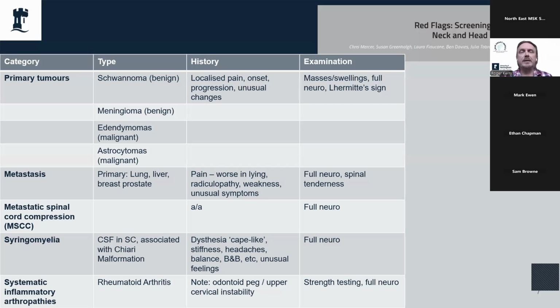Same with the Mets, pain, again, typically worse in lying, commonly associated with radiculopathies and weakness of the upper limb. But this is depending on the site of the mets. Obviously, this could affect the lower limb as well. And again, unusual symptoms.